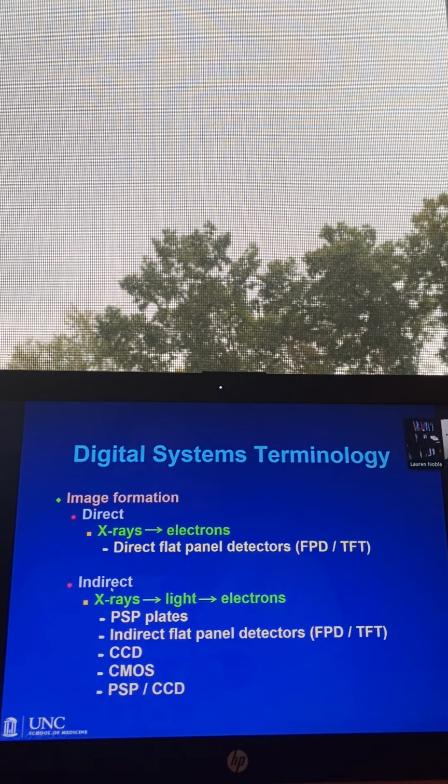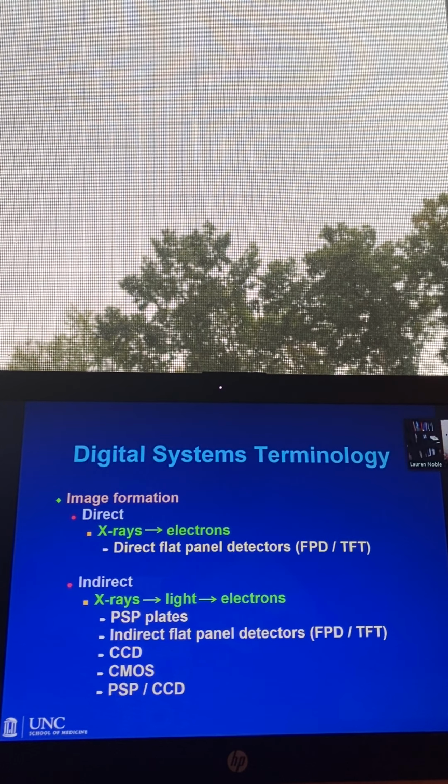So if we have an indirect detector, that means we're going to end up with light somewhere in that process. So PSP plates are considered to be indirect. We have a flat panel detector that is classified as an indirect type of flat panel detector. CCDs, CMOS, those are indirect types of detectors. And then our hybrid detector, the PSP CCD, is also classified as an indirect detector.